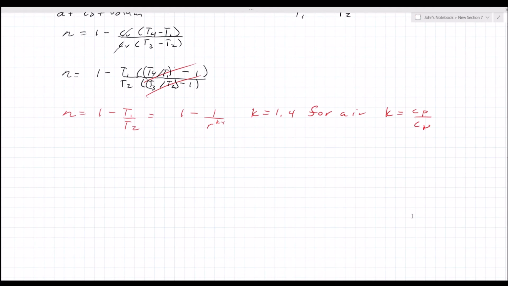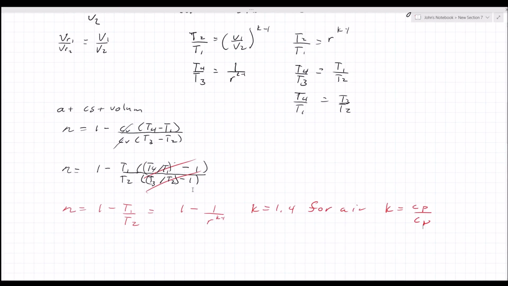Well, by looking at this equation, you can see that if my compression ratio increases, my denominator here is going to increase, reducing this fraction and increasing my efficiency, which means that the more air you're able to compress, or the more volume you're able to compress, the better your engine will perform. So this is the math behind an Otto cycle, and I will set up and we shall do an example problem shortly.